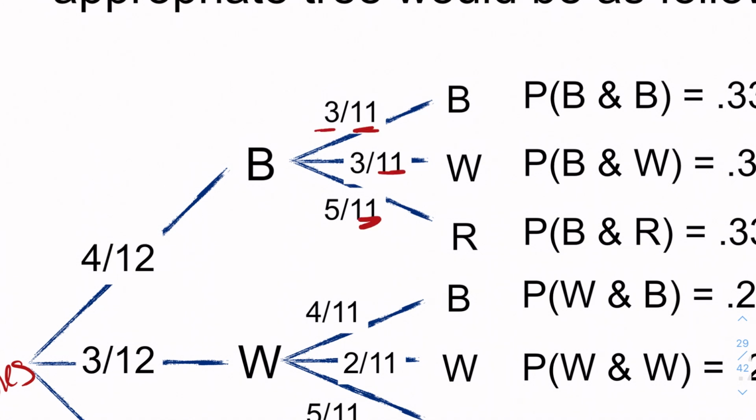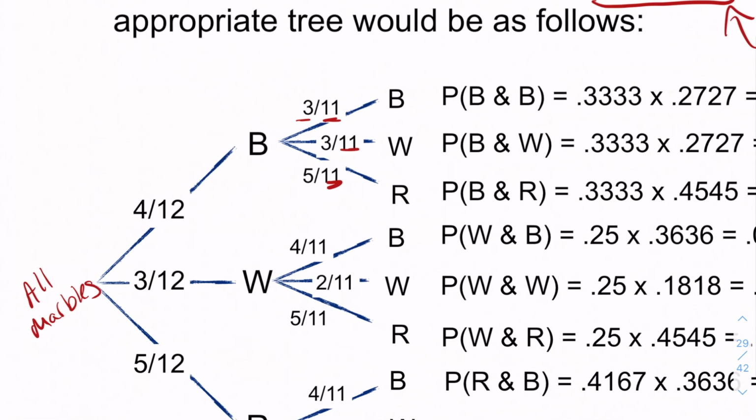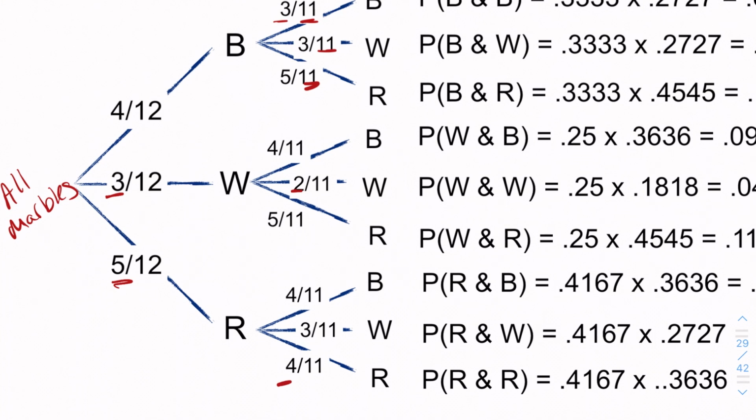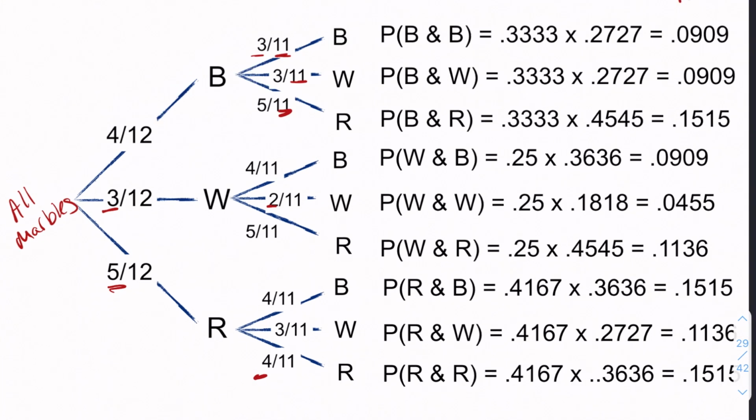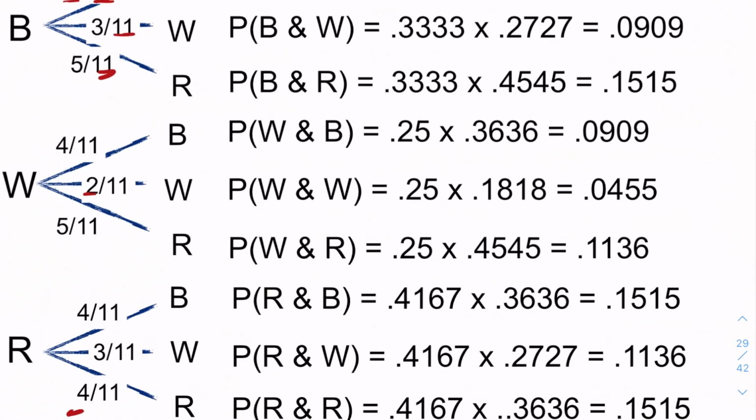There are only 3 blues in there, 3 white, and 5 red, because those didn't change. Or 3, then 2, or 5, then 4, and everything drops down. Now you can see this gets quite messy quite quickly. We have the probability that both of those events occur, blue and blue, blue and white, blue and red, etc. And we multiply those events.